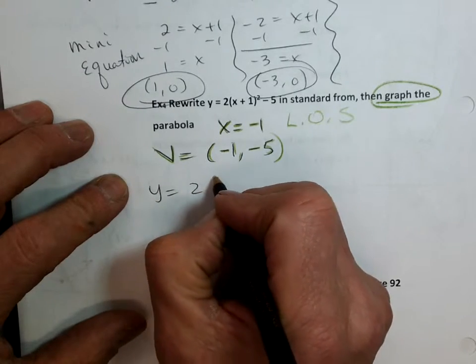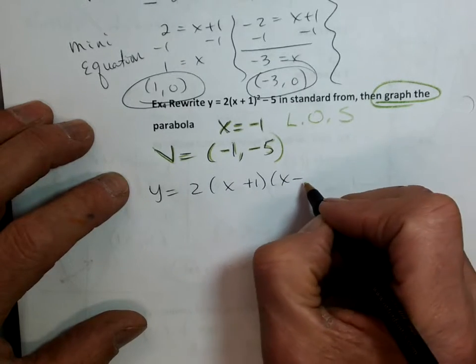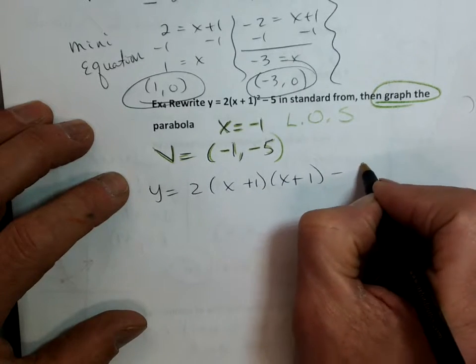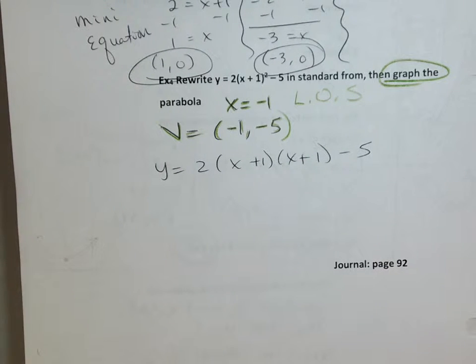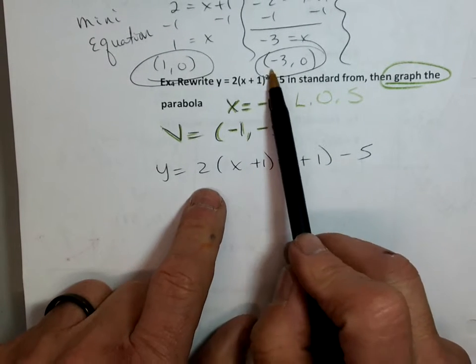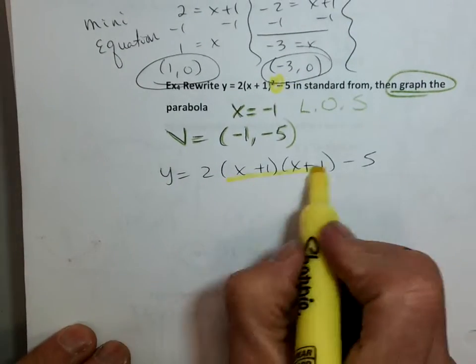y equals 2 times (x plus 1)(x plus 1) minus 5. To be in standard form, I'm going to have to multiply it all out. It's kind of a pain, but once we get it, we'll get the y-intercept pretty easily. I wrote it twice because of the square. Quantity squared. So I wrote it twice, and now I'm going to multiply.